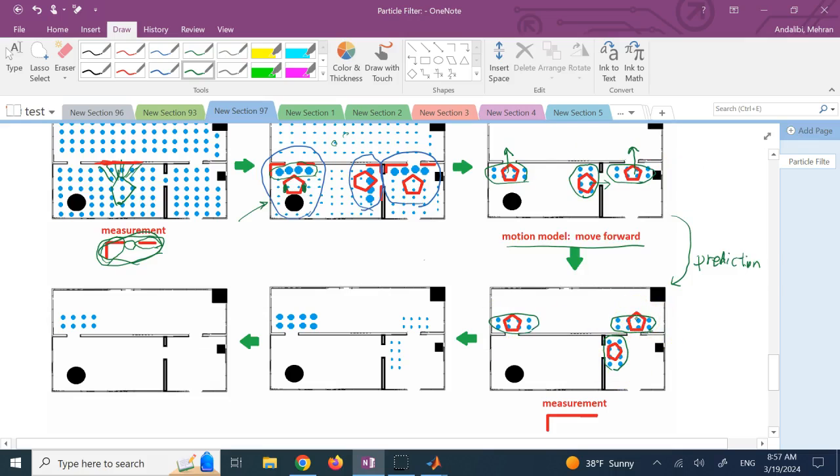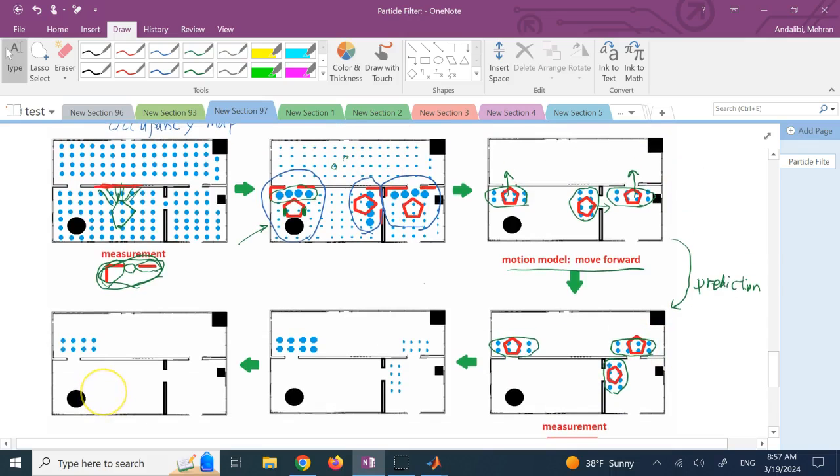Then what? You might say, what happened to these small ones? Here is the trick. The small particles that were very unlikely to represent the state, I get rid of them. I throw them away, I discard them.